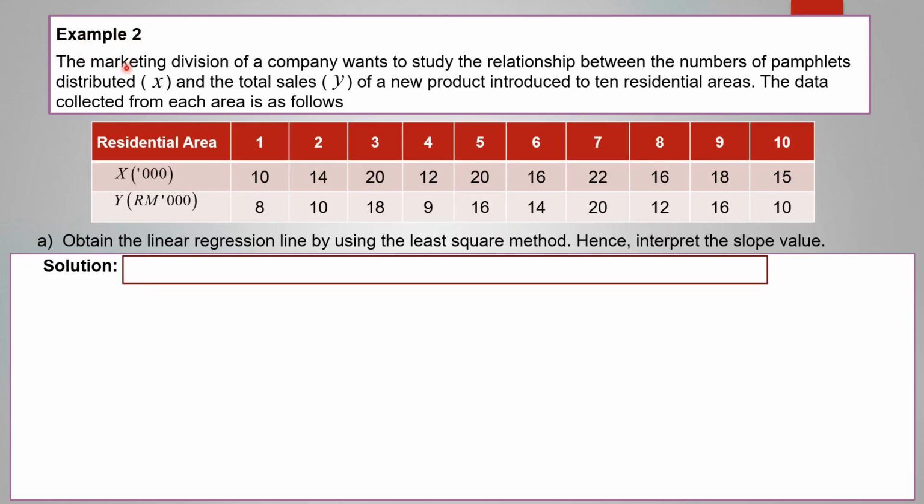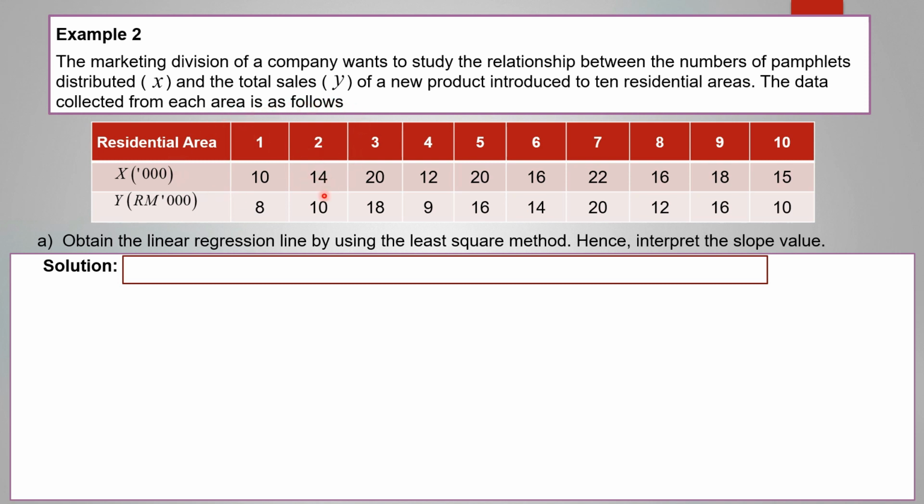Example 2. The marketing division of a company wants to study the relationship between the number of pamphlets distributed, which is represented as our X value, and the total sales, which is represented as our Y value, of a new product introduced to 10 residential areas. The data collected from each area is as follows.